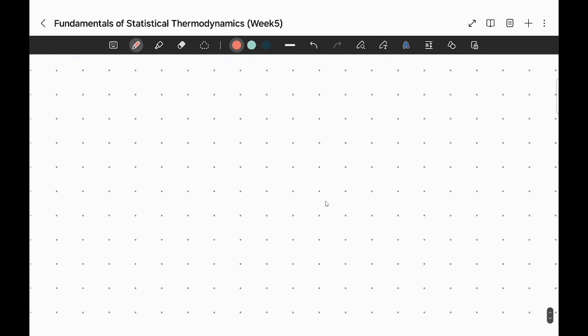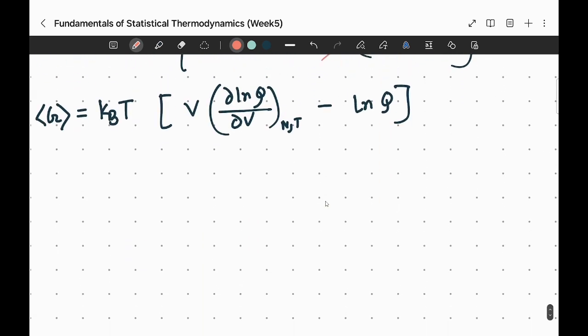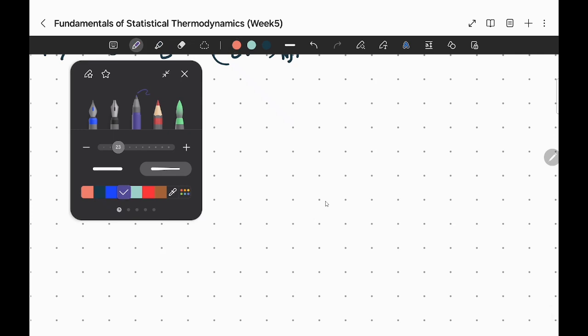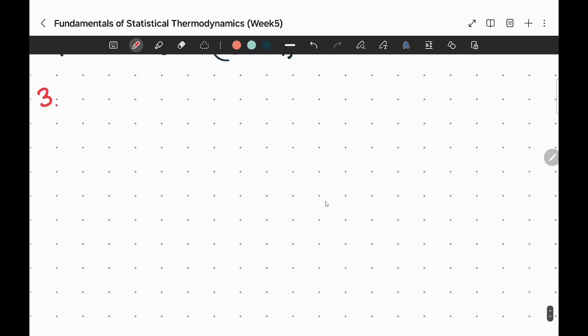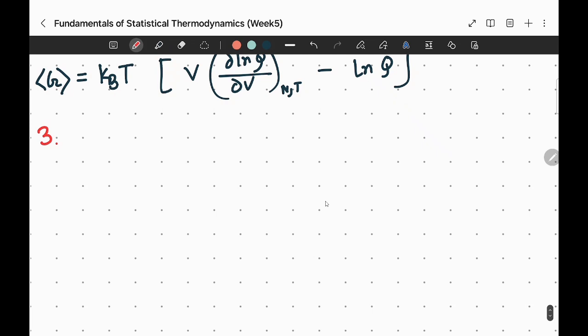It is standard notation. Okay, this is a very important question.